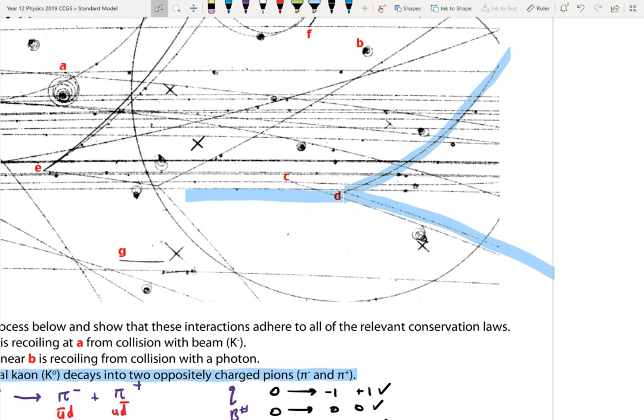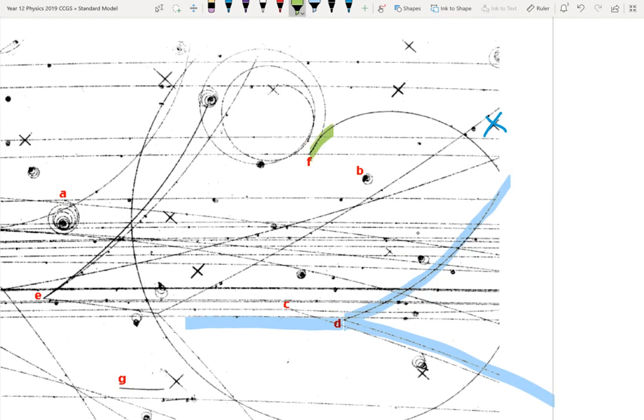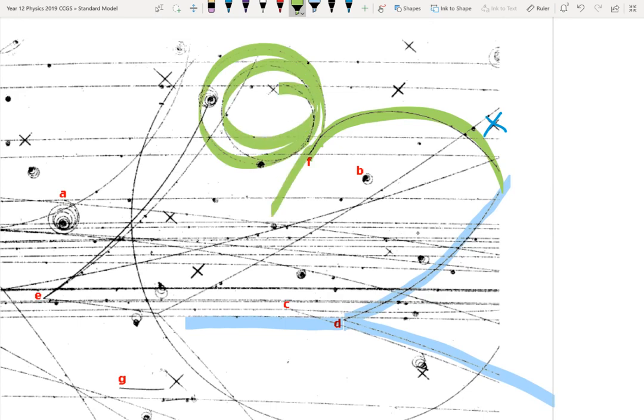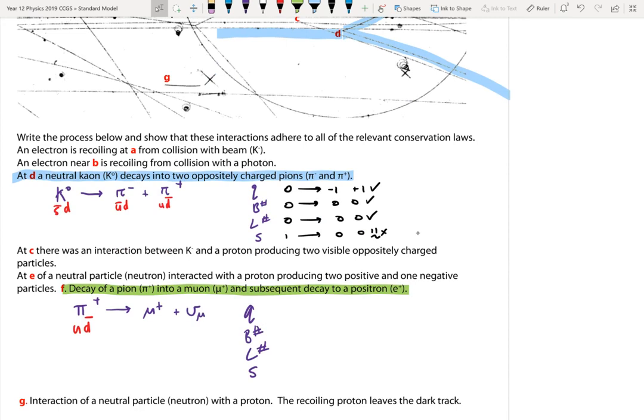If it's observed in these bubble chambers, then it must be allowable. Okay? So we're just proving this. For part F, here is F like so. So can we draw that in, please?